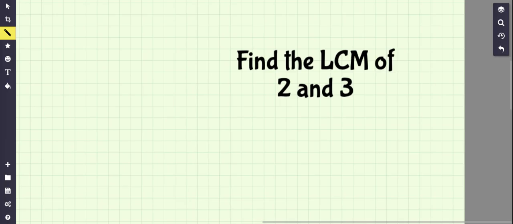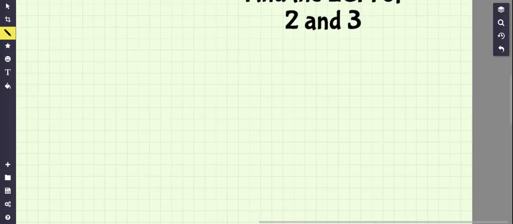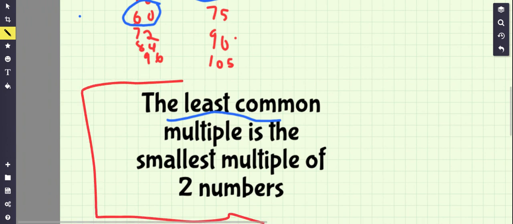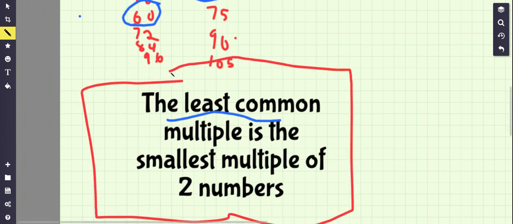Okay, let's try to solve the problem. Remember, you can pause the video if you need to. Probably you looked back to see what the LCM was again. According to the earlier part, the LCM is the smallest multiple of two numbers. That is the key phrase: the smallest multiple between two numbers.